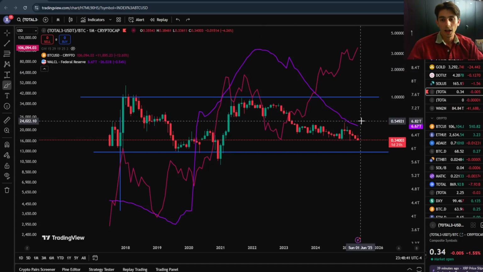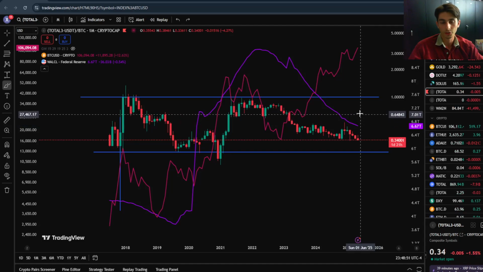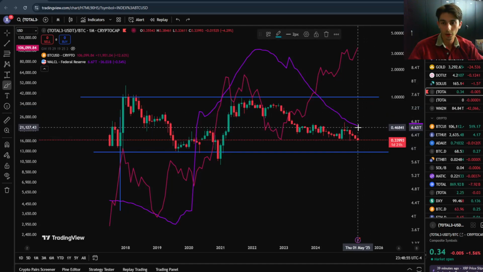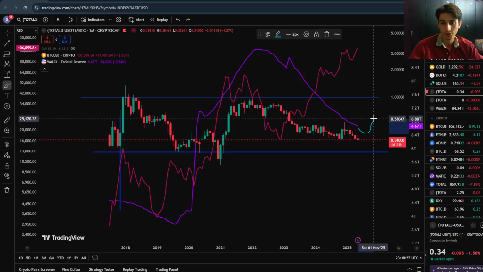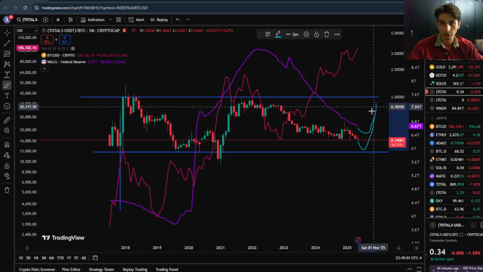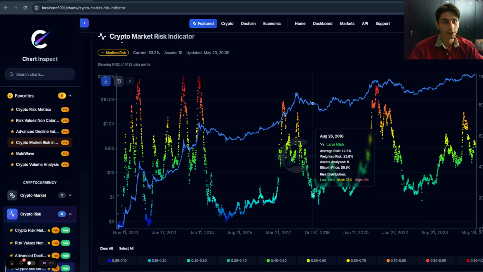And I think that if we get a cut by the Federal Reserve, the market's actually expecting that in September of 2025, so in 2 or 3 months from now, then once we get the Federal Reserve to start to roll over the balance sheet, I think altcoins could very well follow Bitcoin in that sense. So I wanted to show how this relates to the risk indicator here.